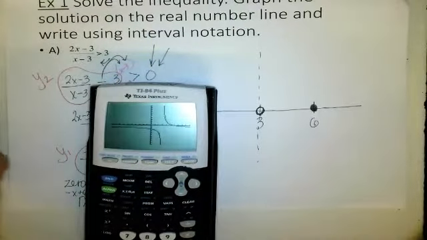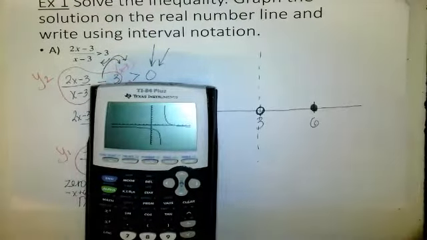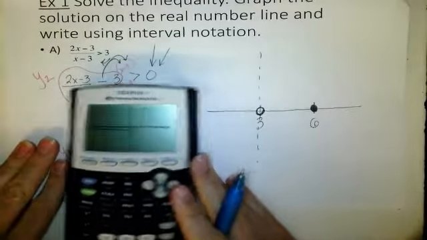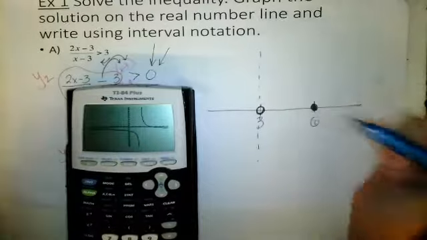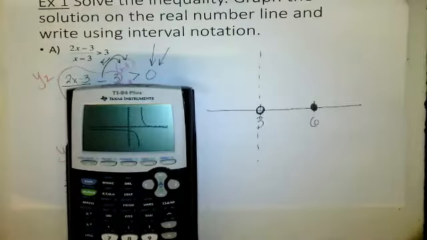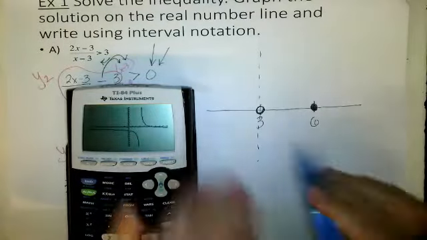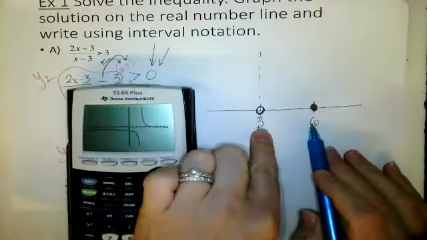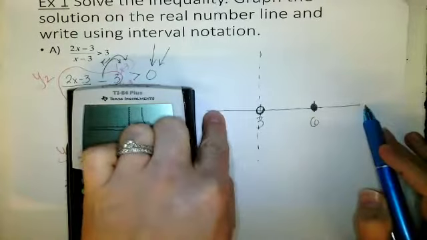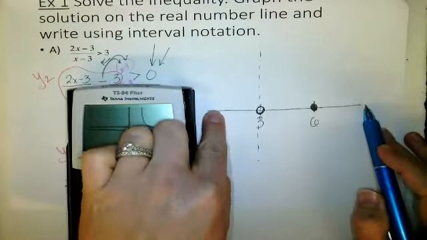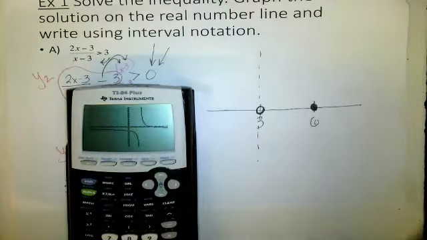You do not have to draw the graph, but I like to. But you don't have to. So I'm going to show you, in calculus, we call this a sign chart. So we have our critical points on our real number line, our x-axis. And what we want to do is test some values.